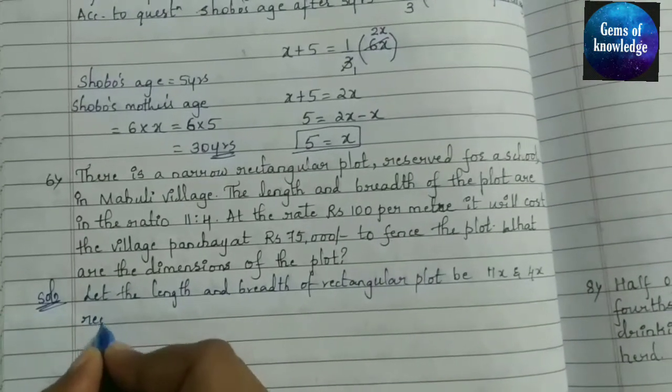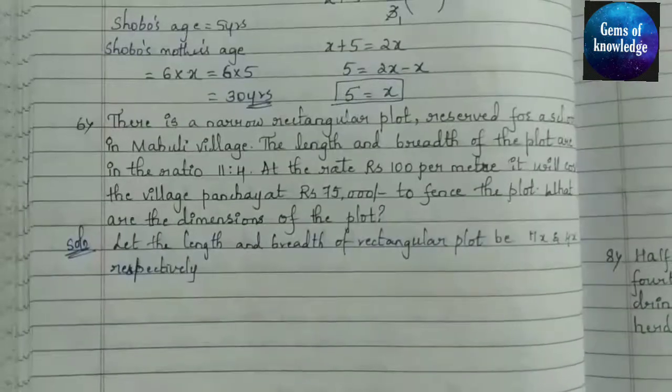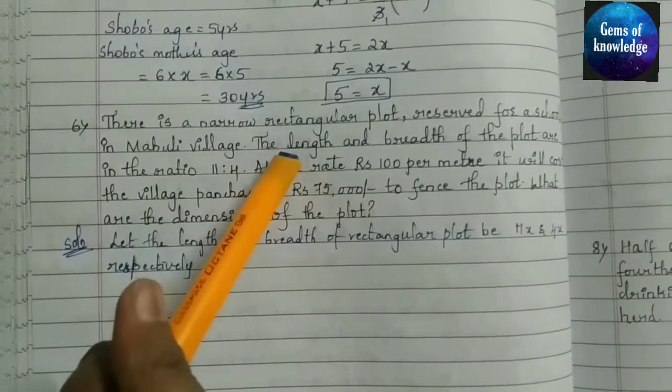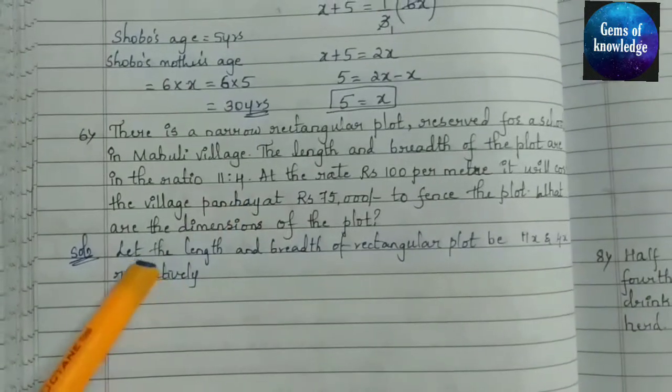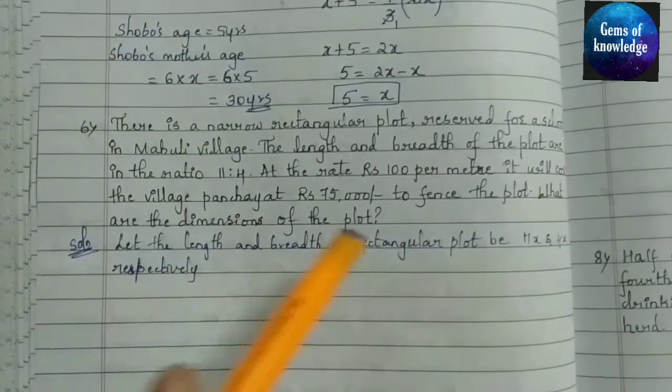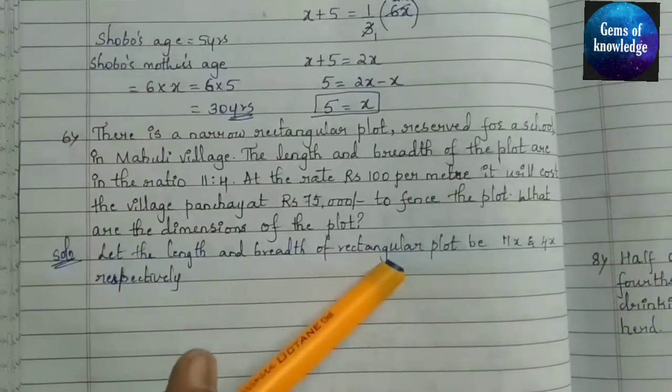Okay, so let us consider here. So here already they have mentioned us the length and breadth of the plot are in the ratio 11:4. So here we have to consider that length and breadth of the plot are 11x and 4x.